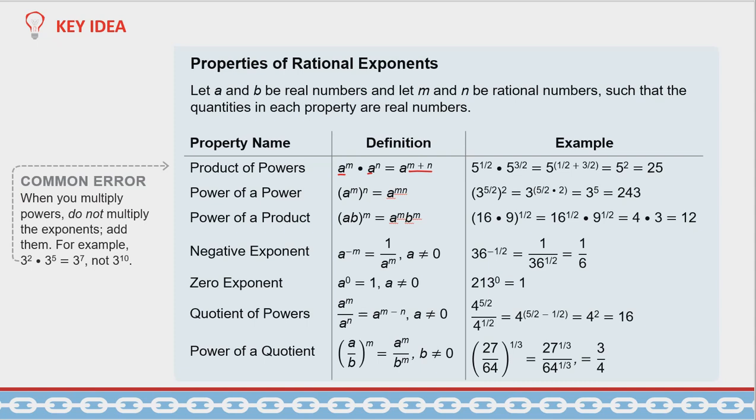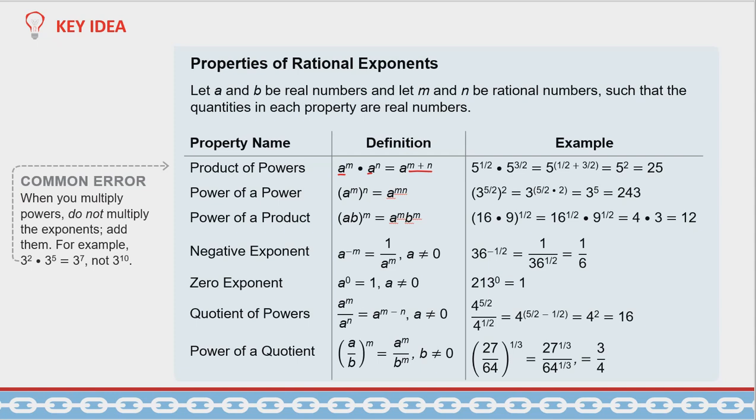Power of a product, so we have two numbers multiplied and then to an exponent, a times b, and then to the m power. We can say that is the same as a to the m times b to the m. Negative exponent property means our term is on the wrong side of the fraction bar. Zero exponent, anything to the zero power is equal to 1.